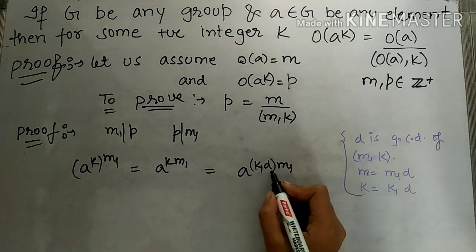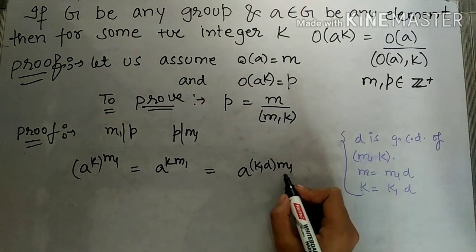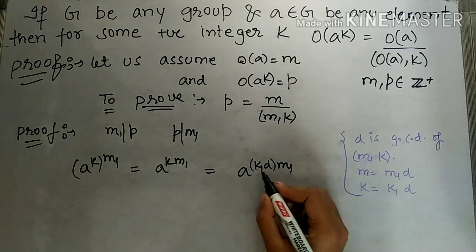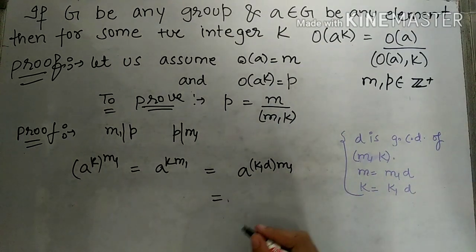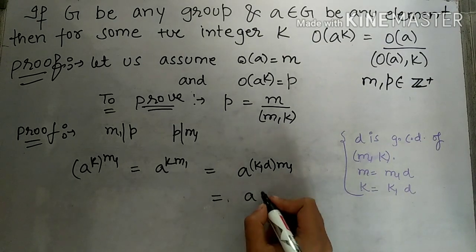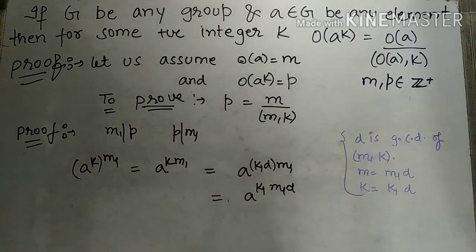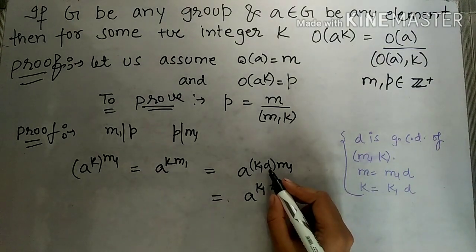And we know k1, d, m1 are all positive integers, so they satisfy the properties of commutativity and associativity. So it can be written as a raised to power k1 into m1d. We have moved d from here to here.